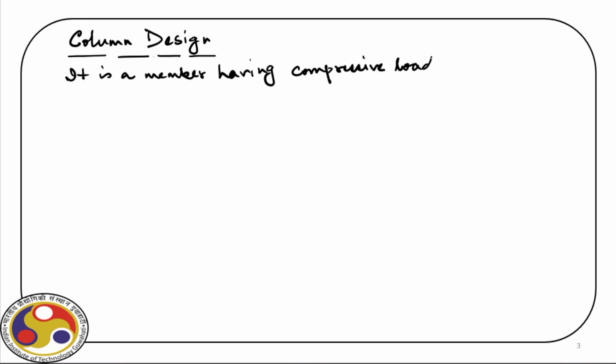So, it is a structural member having compressive load. Now, when we say column, we always mention a vertical member, right?